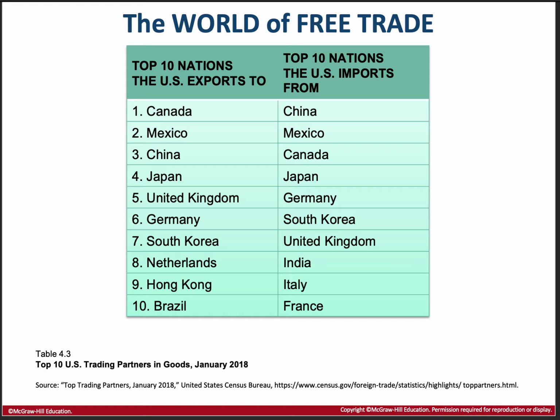Our Italy and France, I would say, would be primarily clothing based products, furniture, household, as well as India. But it's just really interesting. They make up our top 10 imports, but not our top 10 exports.